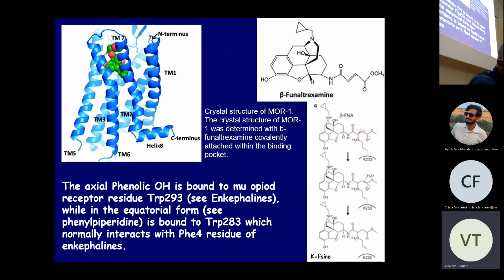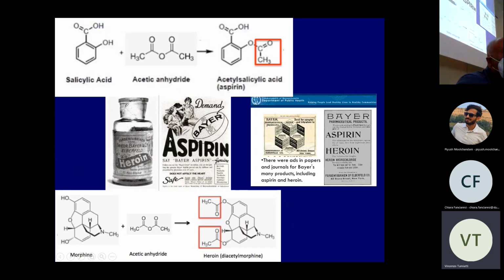The painkiller activity is always together with inhibition of the respiratory center at the moment. Aspirin, you see the transformation of salicylic acid into acetylsalicylic acid. Once again, esterification of the phenolic group. And here below, you can see the transformation of morphine into heroin.